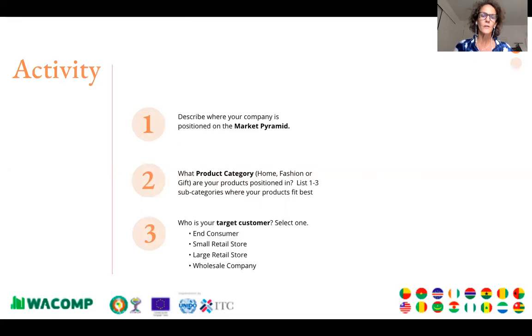Third, I'd like you to define who is your target customer. Select one of these: end consumer, small retail store, large retail store, or wholesale company. What's the best target customer for your company based on what you've learned so far?